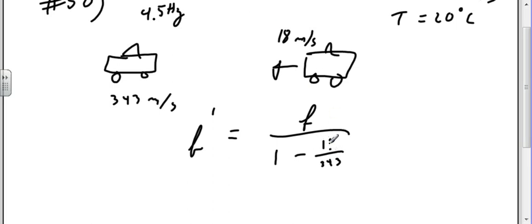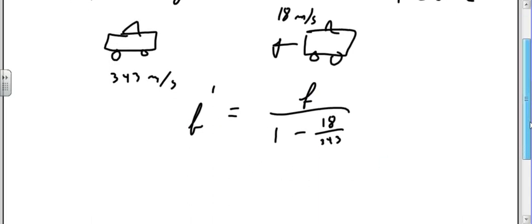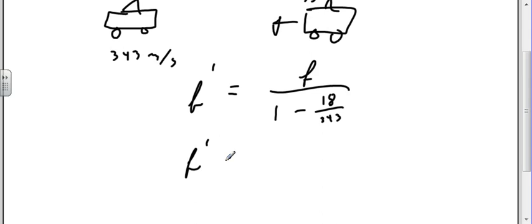Okay, so that's 18 meters per second divided by that. Okay, f prime is equal to 1 minus 18 divided by 343 equals, and we'll do a 1 divided by my answer. Okay, so we got 1.05538 F.